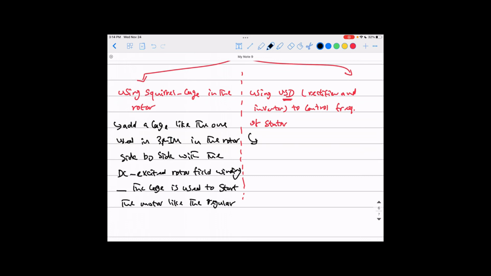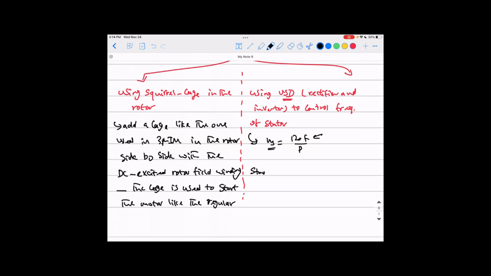Like we used with the three-phase induction motor before, the same idea. We use the rectifier and inverter to control the frequency of the stator, and this will control your synchronous speed, which is 120 f over p. You're controlling this frequency, and this will control your synchronous speed.